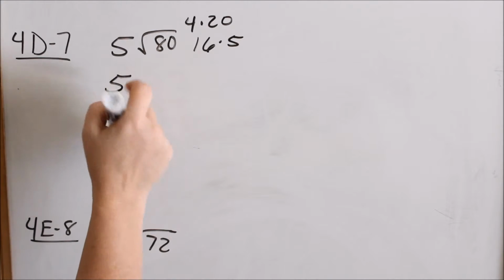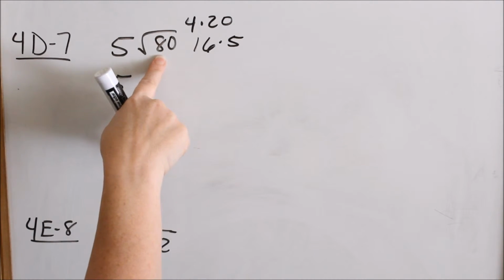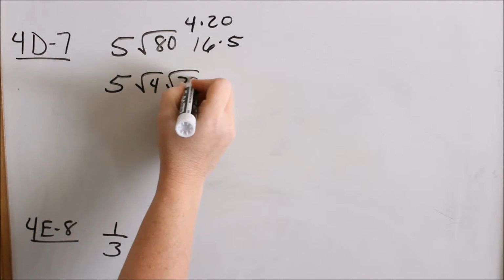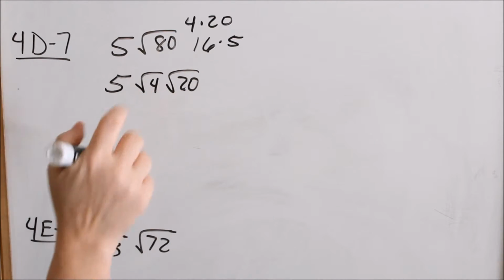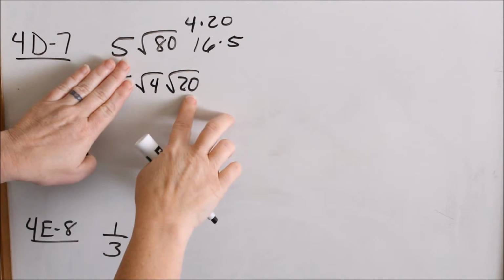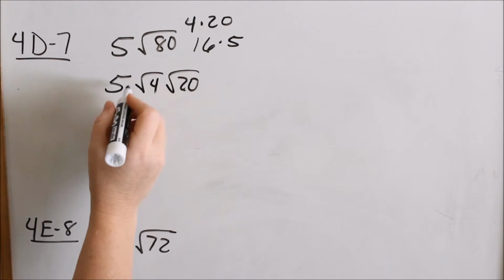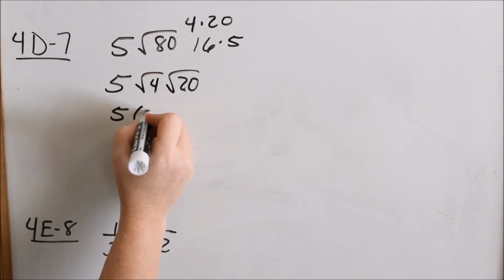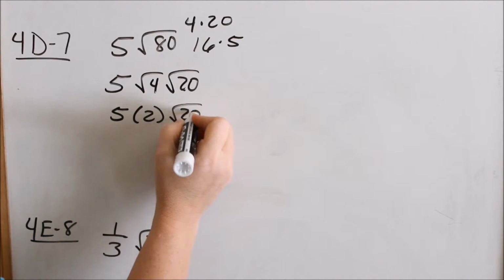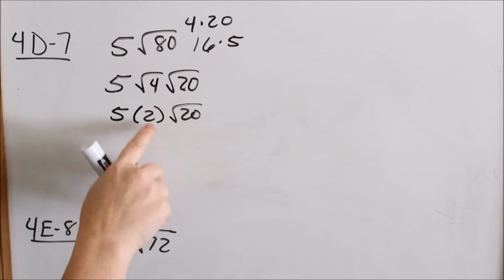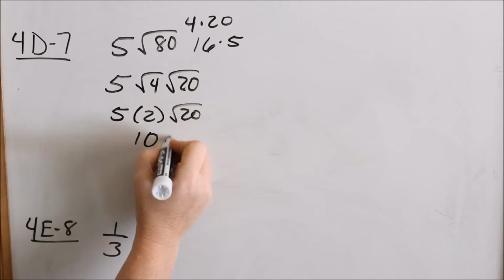Now let's break square root of 80 into square root of 4 times square root of 20. Square root of 4 is a perfect square, so it'd be 5 times 2 times square root of 20. Don't forget your 5. This is 5 times square root of 4, which is 5 times 2. So that's 10 square root of 20.